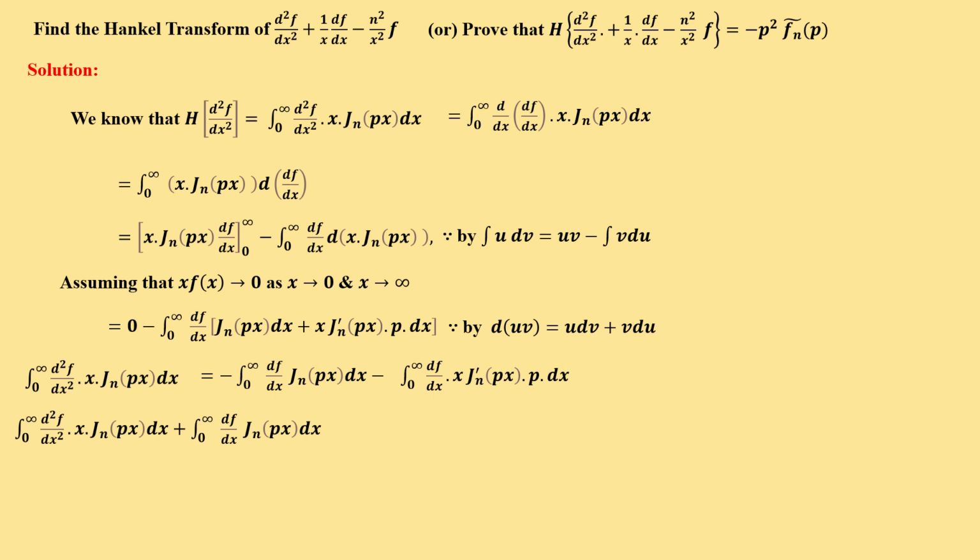Therefore, the integral of d²f/dx² x Jₙ(px) dx plus the integral of df/dx Jₙ(px) dx. We are taking the first term in the left hand side to the right hand side. So in the previous step, the left hand side had first term minus the integral of df/dx Jₙ(px) dx, and we are taking that term to the right hand side, so it becomes plus the integral from 0 to infinity of df/dx Jₙ(px) dx.